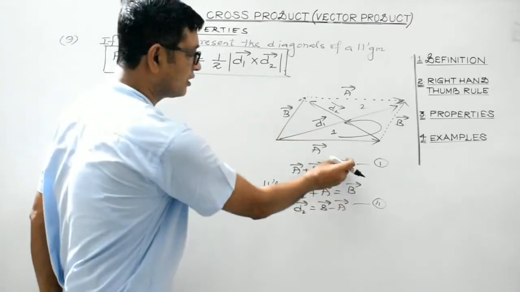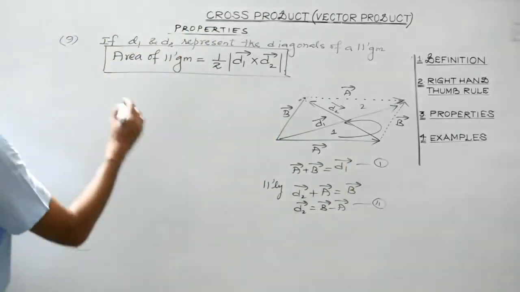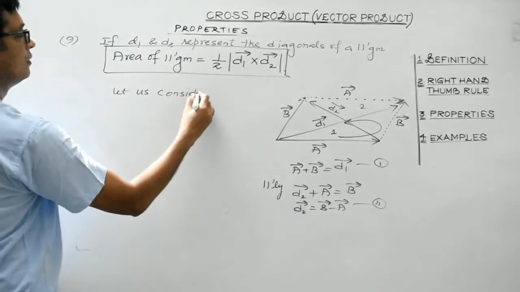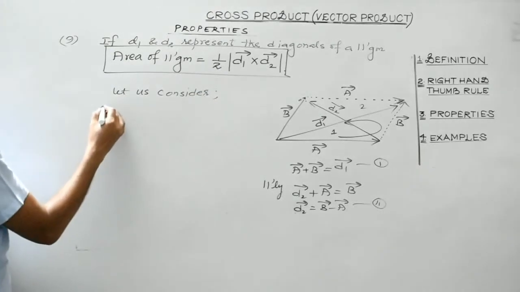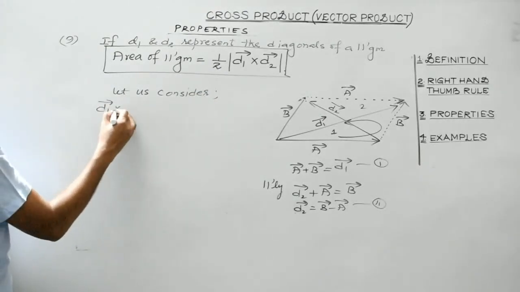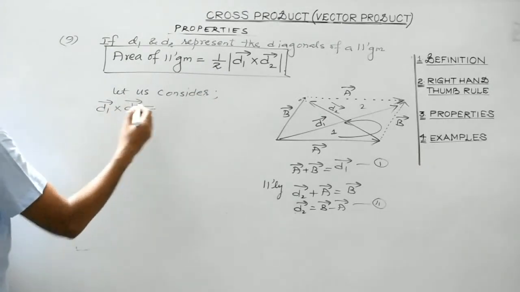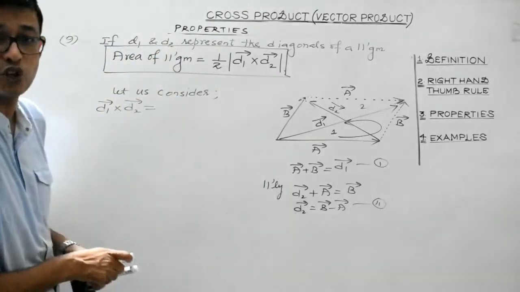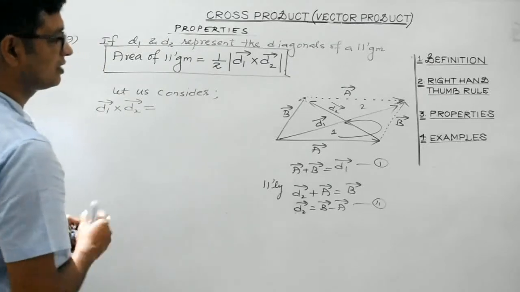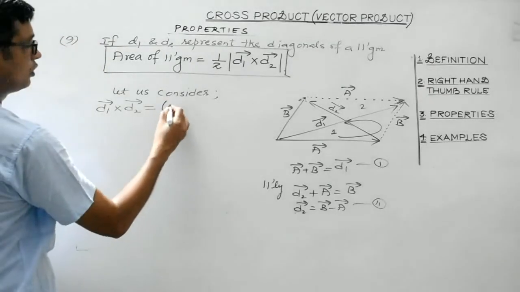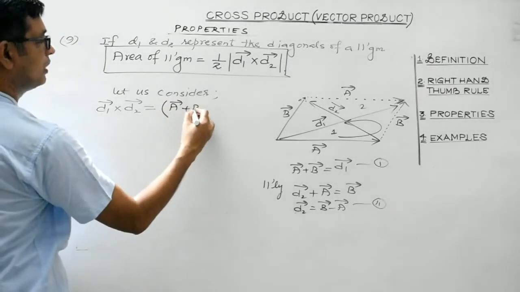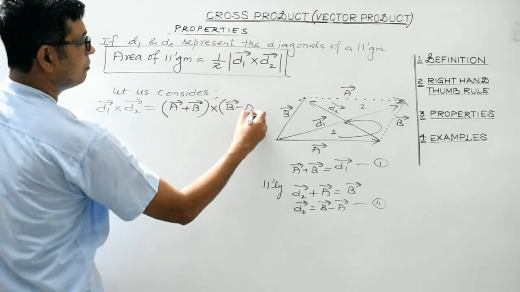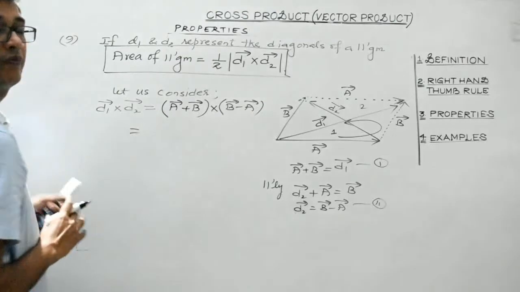Now what to do is, let's cross multiply these two. So let us consider d1 vector cross d2 vector. Let's try to evaluate it, right? Remember, this is cross product. So let's substitute the value. d1 is a vector plus b vector, cross d2 vector, which is b vector minus a vector.